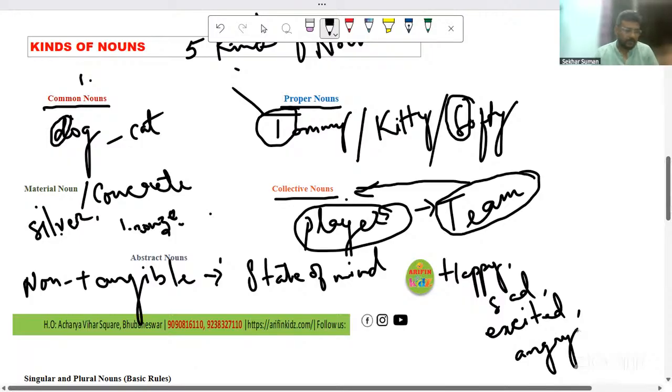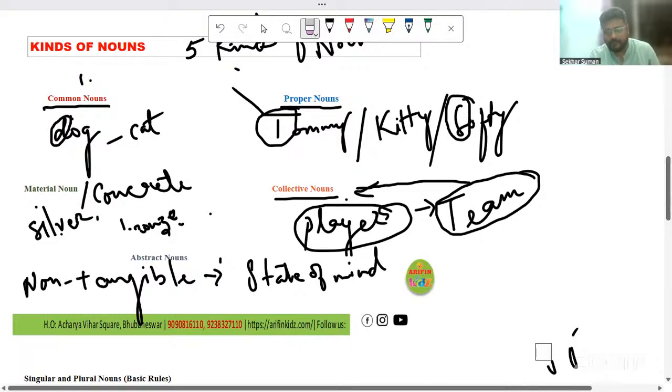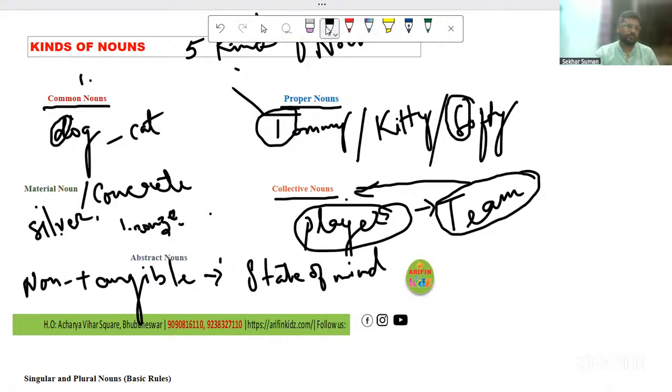Happiness, childhood, bravery, honesty. So these are some of the abstract ideas that we have brought under abstract nouns, right? Proud, humor, correct.